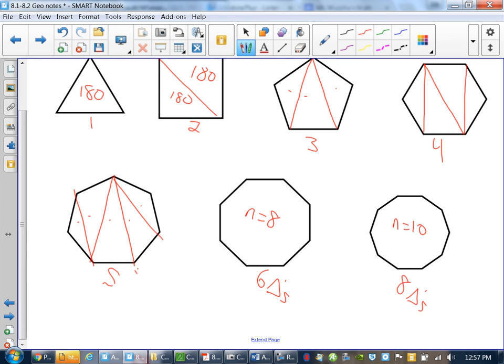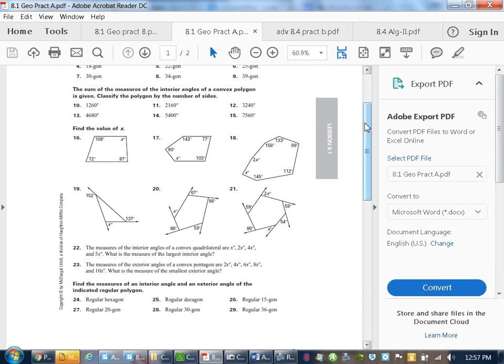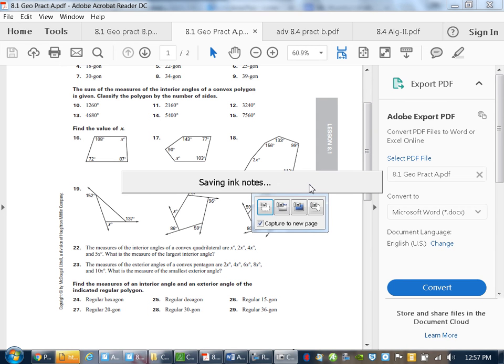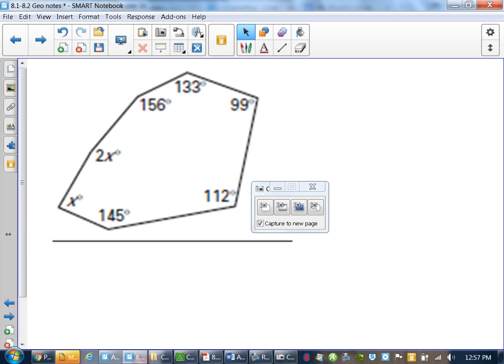So what we'll be able to do here, guys, is find the interior angle sum. The reason we do that is because you will see algebra-style problems like this. These really wind up being kind of like a build-your-own algebra problem.